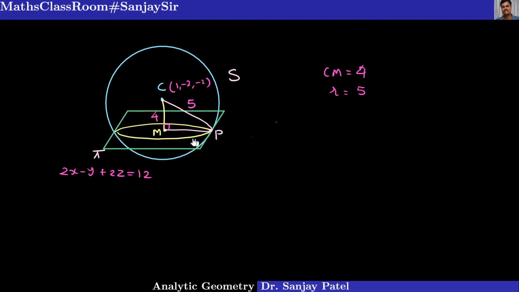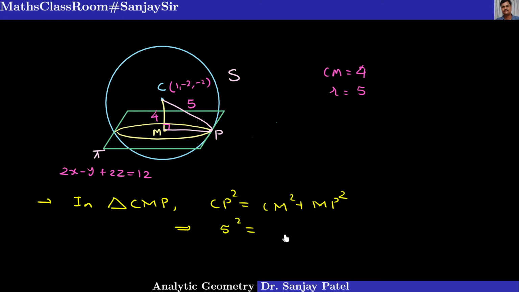So to find the radius of the circle of intersection, that is the value of MP, I can say in the triangle CMP, which is a right angle triangle, we have CP square is equal to CM square plus MP square. What is CP? It is nothing but 5. So it is 5 square.